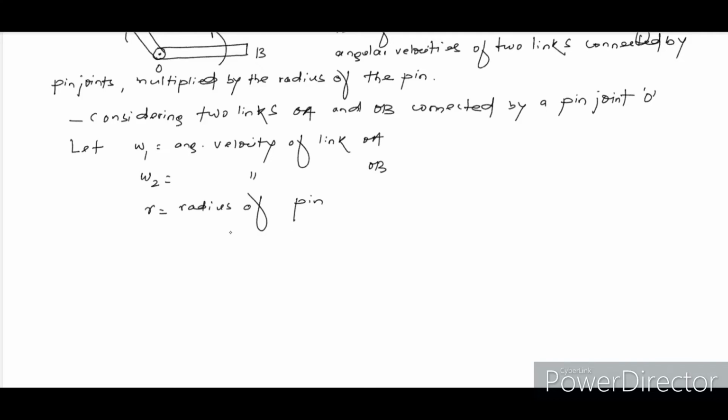Suppose this is the pin, and this one is the radius R to which both the links are connected. So this is your R.